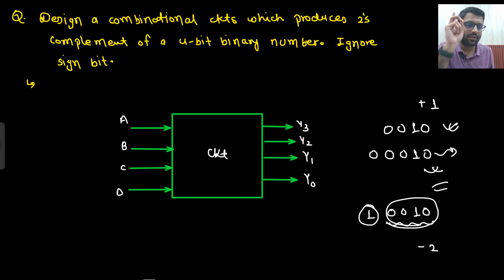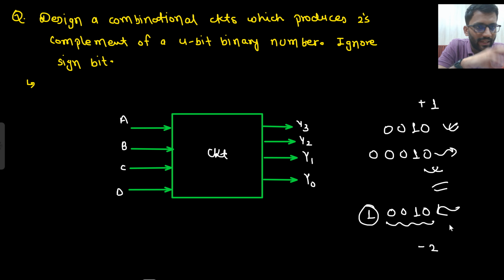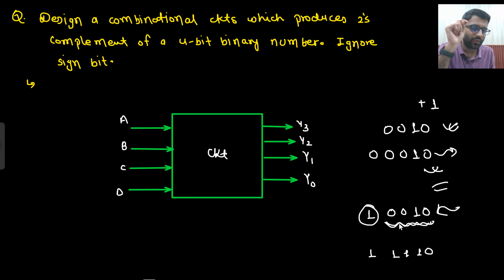If they say sign magnitude form, then it is different. If they say take the 2's complement of this binary number, you keep the 1 as it is and then 0 1 and 1 1. So this is the 2's complement of 0 0 1 0.